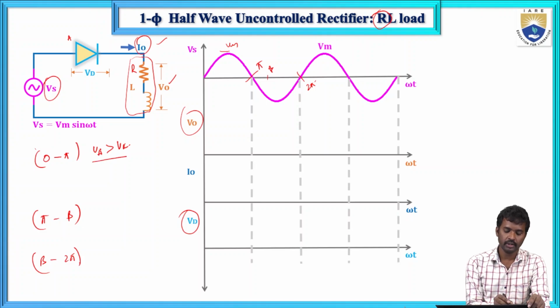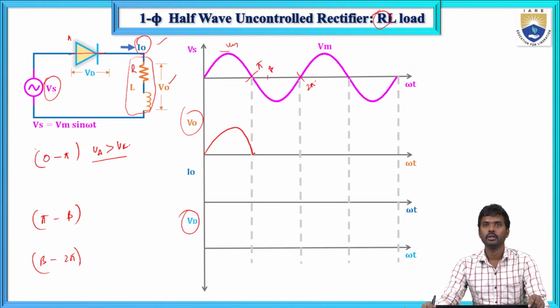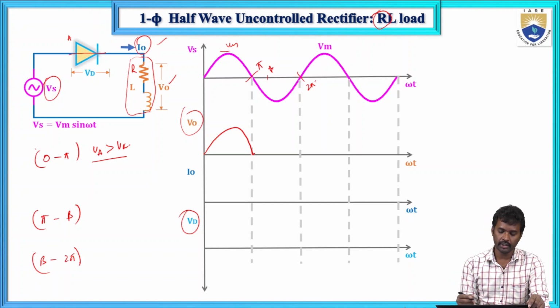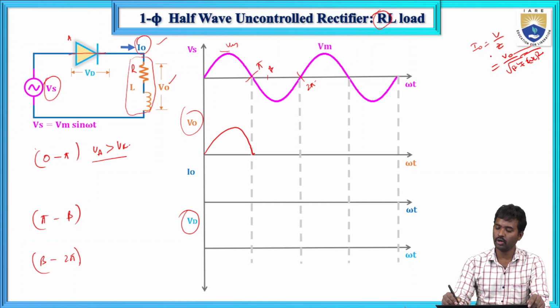In this case the diode acts as a short circuit, and the output voltage equals the supply voltage. The output current is I naught equals V naught by Z, where Z equals the square root of R square plus omega L whole square, that is XL square. This is the output current.